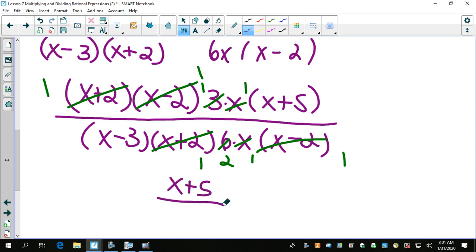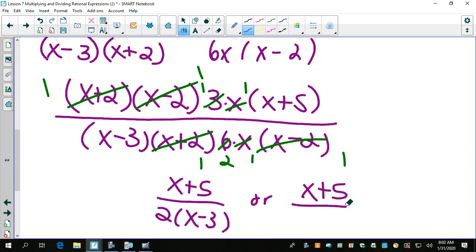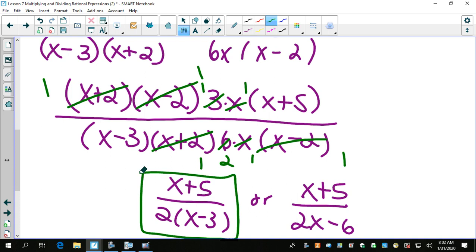And then 2 times x minus 3. Or you could do x plus 5 over 2x minus 6. I believe that this is a better answer because it's completely factored. But sometimes you'll see it like that. Aren't these fun? Yes, Sammy.